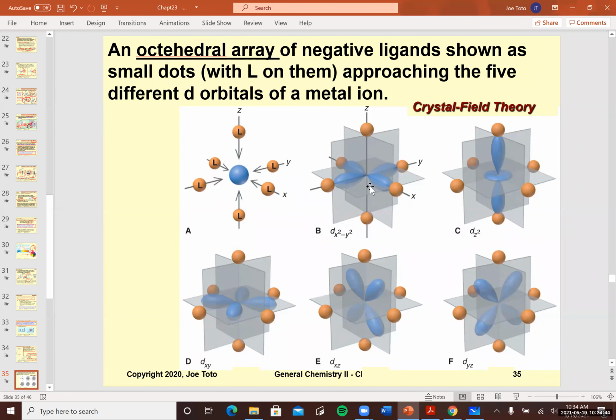Up here, I have electron density for the dx squared minus y squared along the axes of the x and the y, right? So this is electron density or probability density. The electrons are going to exist in this dx squared minus y squared orbital.